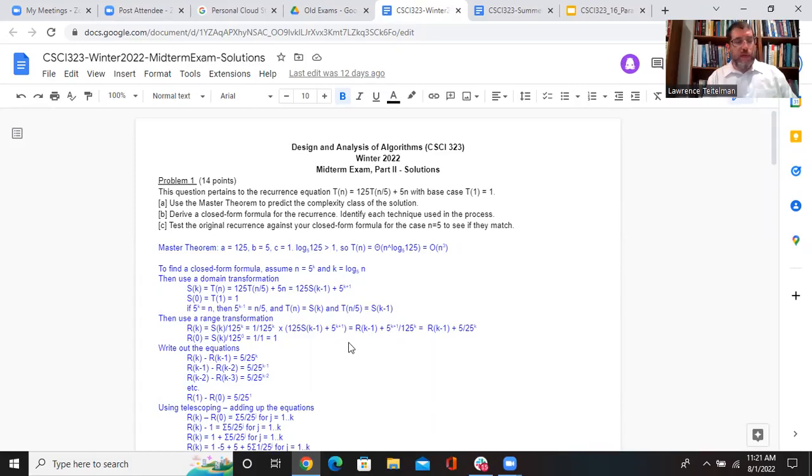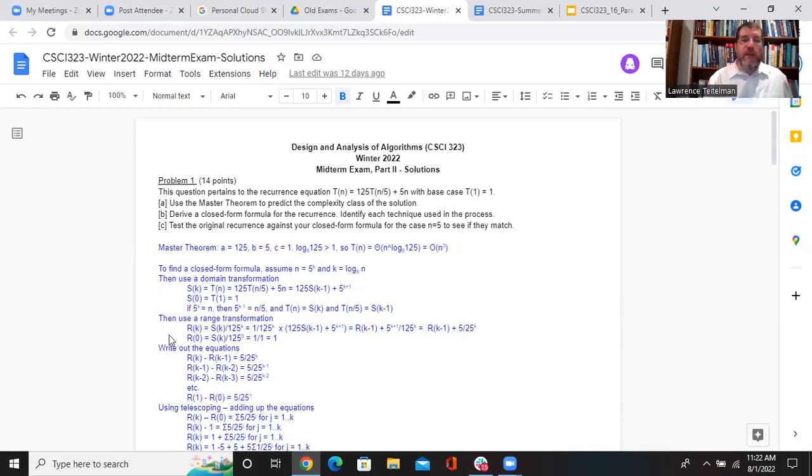And here I have 5 to the k plus 1 divided by 125 to the k. These don't completely cancel, but I have a 5, and then 5 to the k over 125 to the k is like 25 to the k. So that's where this comes from over here.